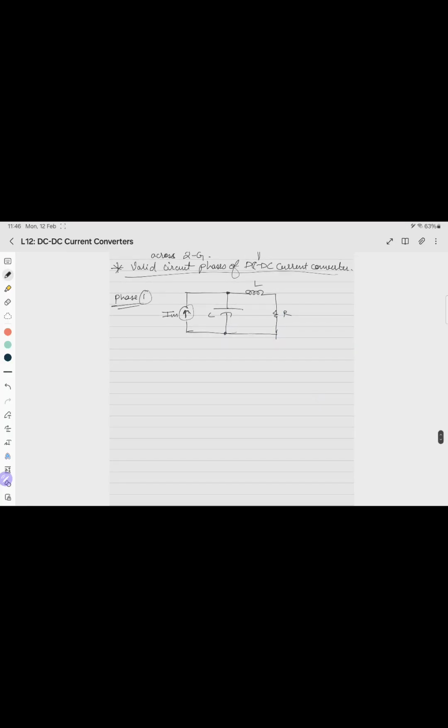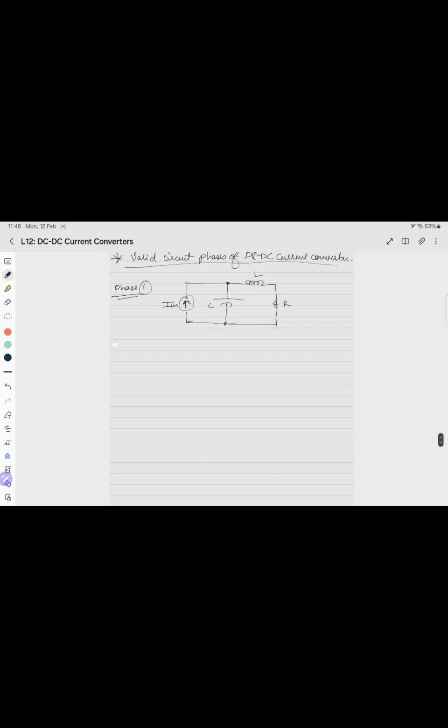This is valid because momentarily, we have to exclude all the negations or the constraints. The ripple in the inductor current will be absorbed by the capacitor. The capacitor is not short circuited momentarily. The input current source is not open circuited momentarily, so it is valid.